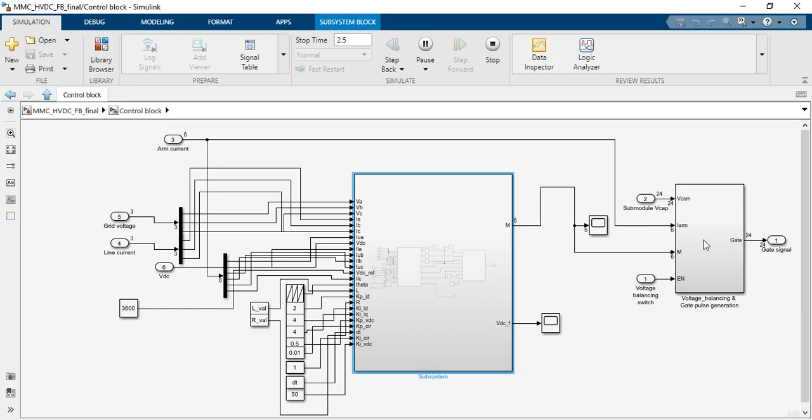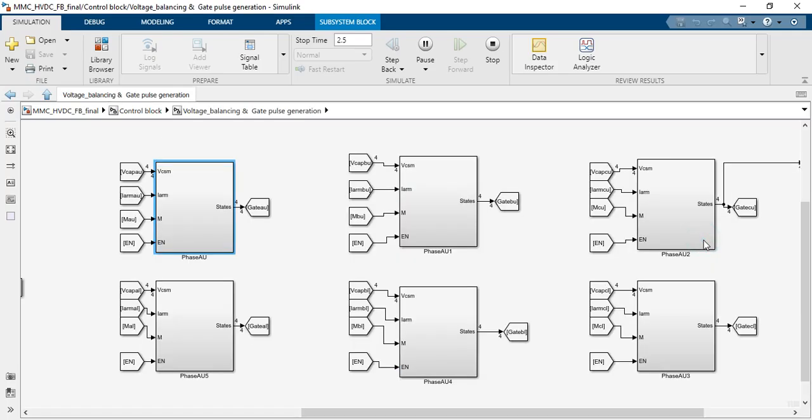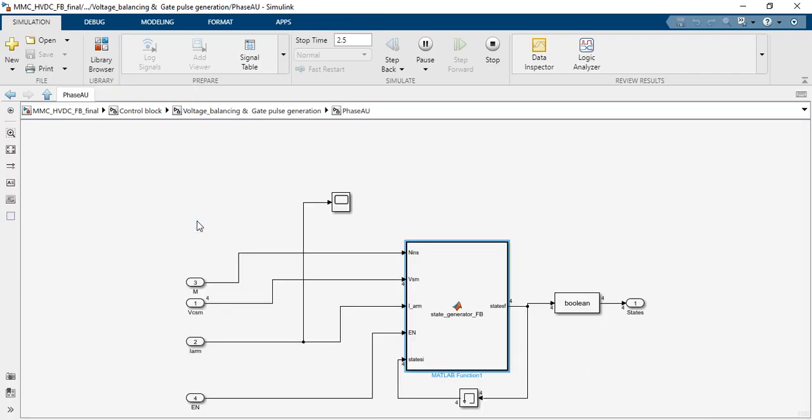After that, there is a voltage balancing algorithm, right? For the voltage balancing algorithm, we need how many submodules need to be inserted. We need the submodule voltages and the arm current.